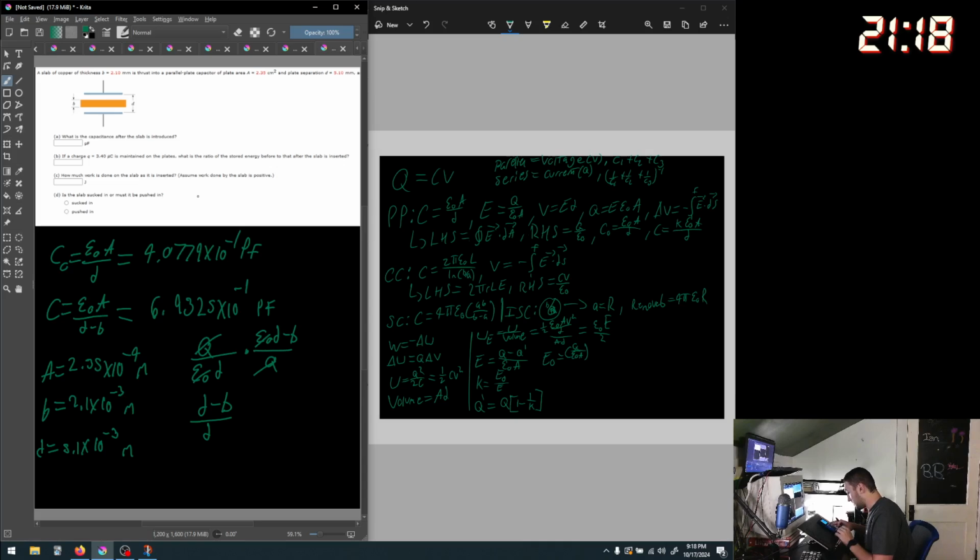And then we're going to have the same thing, but it's going to be 4.0779. The final minus initial, and the final is going to be the 6.9 minus initial is 1.41. It's going to be 0.58. Doesn't seem right.